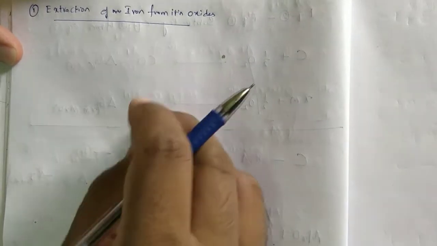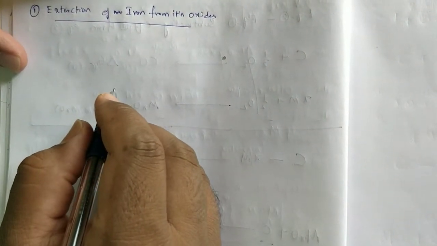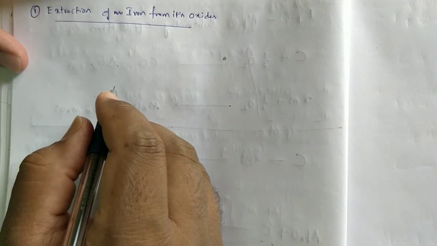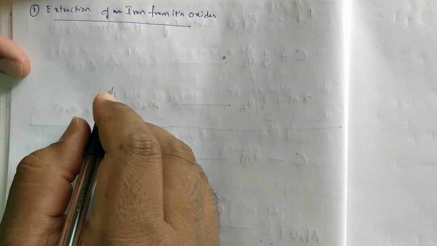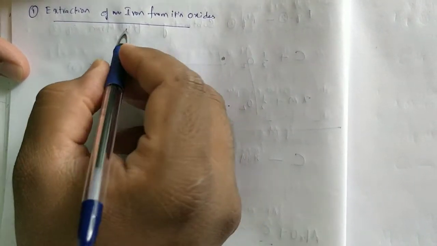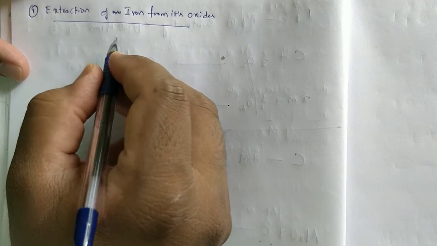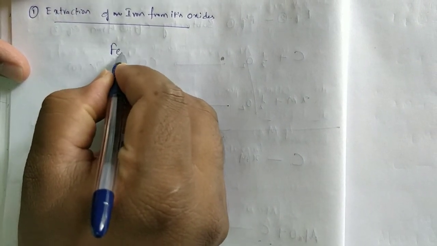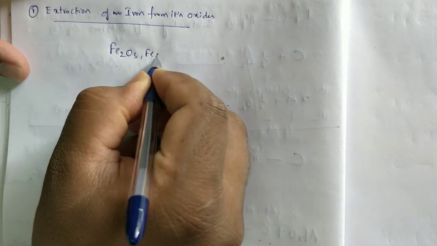First, after concentration, that means after removal of fusible impurities, the mixture of oxide ores of iron, that means the ore is Fe2O3, Fe3O4.